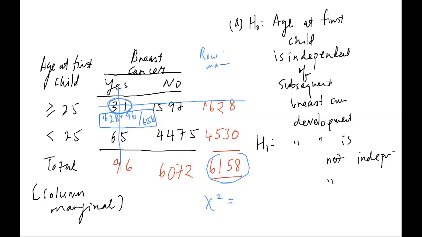So about 19.325, okay? So you get about 19.325. And how many degrees of freedom are there?